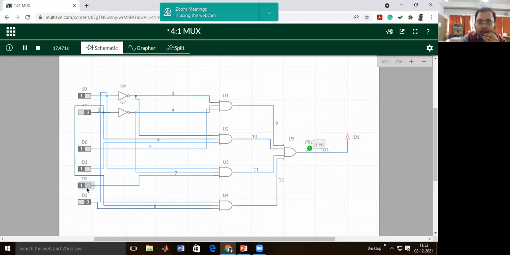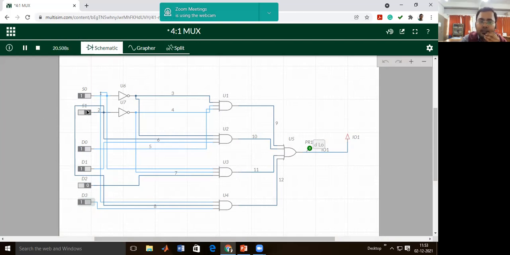So the output directly varies with the D2 part. What about the other inputs? I change the D0, no change. If I change the D1, no change. If I change the D3, no change. Only the D2 is currently connected.